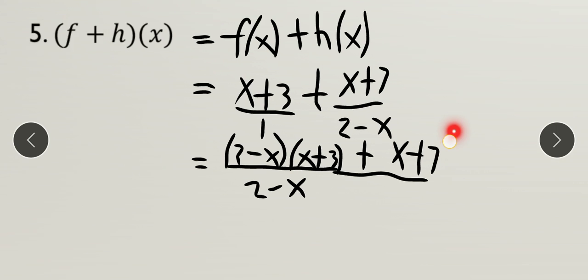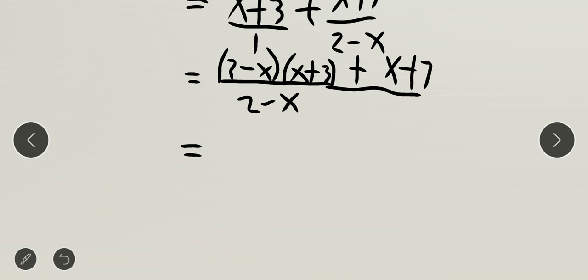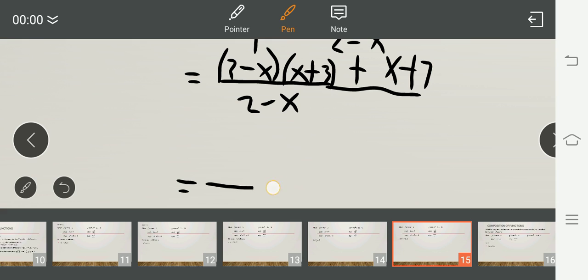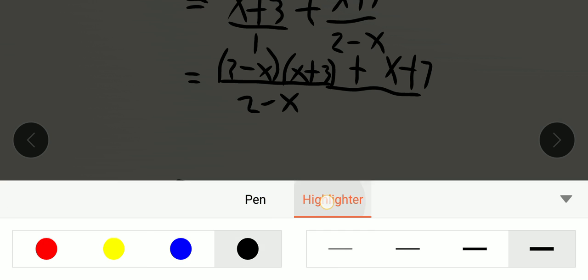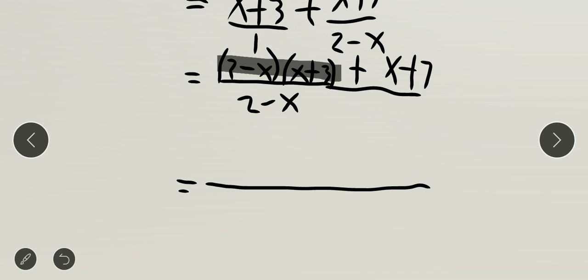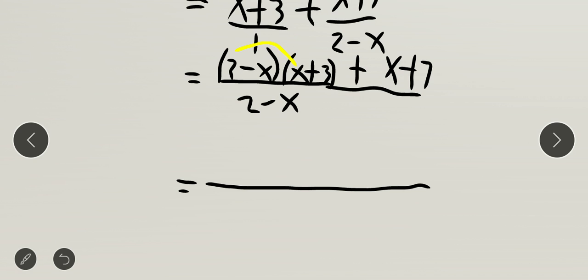Now simplifying, this is now equal to multiplying this part using the FOIL method. So this is now 2 times x.